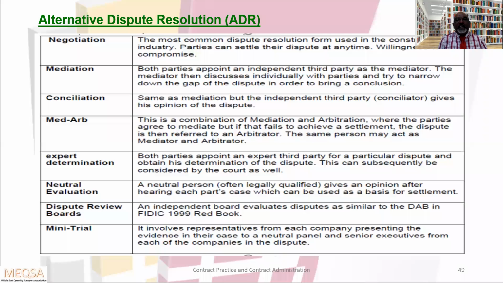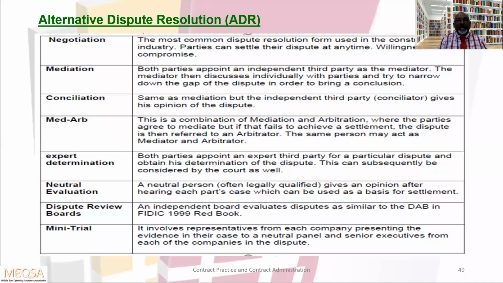Mediation means that both parties appoint an independent third party as a mediator. The mediator then discusses individually with the parties and tries to narrow down the gap of the dispute in order to bring a conclusion. This is called mediation. Conciliation is the same as mediation, but the independent third party, the conciliator, gives his opinion of the dispute.